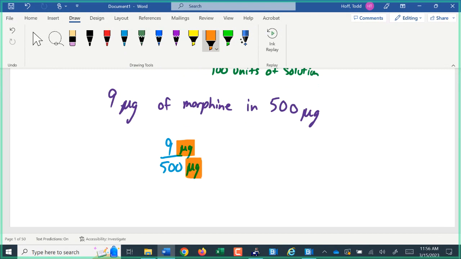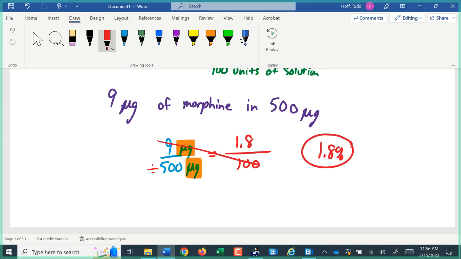They're both micrograms, so we're good here. We want to make this a percent, so I have to figure out what is that out of 100. So we can cross multiply and divide. 9 times 100 divided by 500 is 1.8. So 1.8 out of 100, or 1.8%. So that would be a 1.8% solution as far as the concentration.